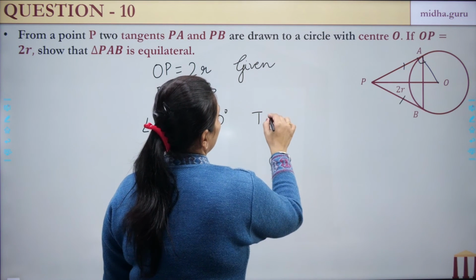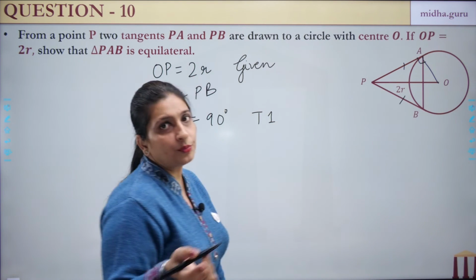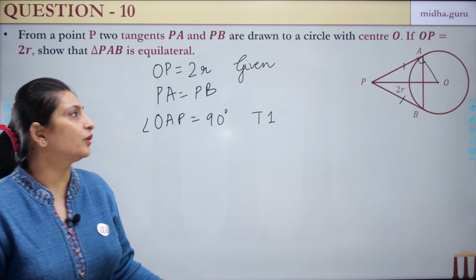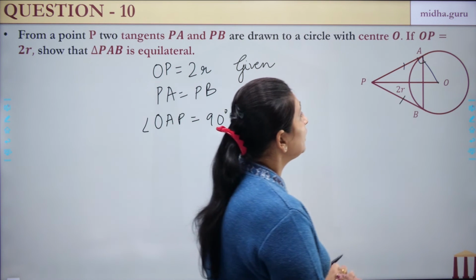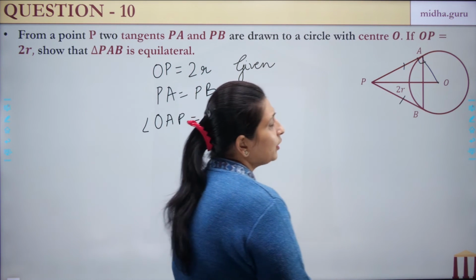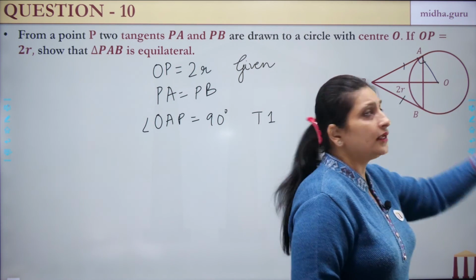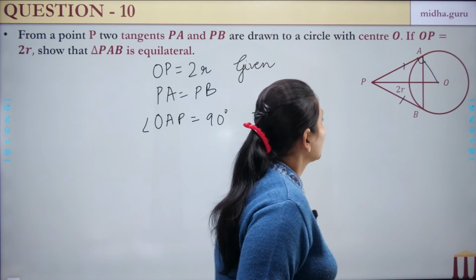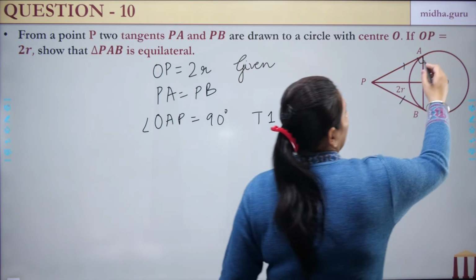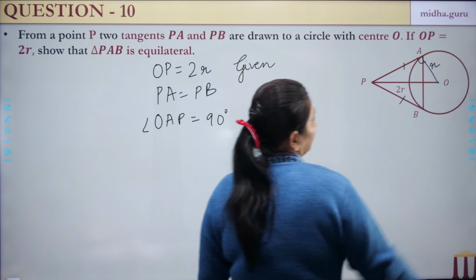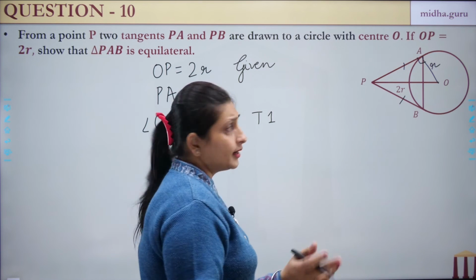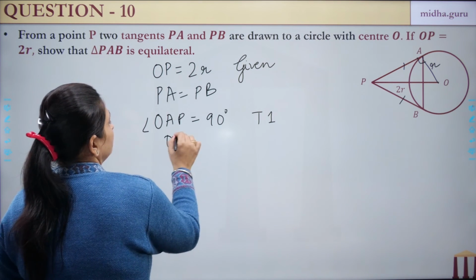If a straight line is drawn from the center to the point of contact of a tangent, it is perpendicular to the tangent. So, angle OAP is equal to 90 degrees, and we know that OP is equal to 2R. If this is 2R and this is the radius of the circle, which is R, OA is R.